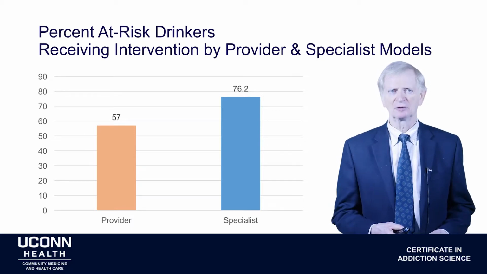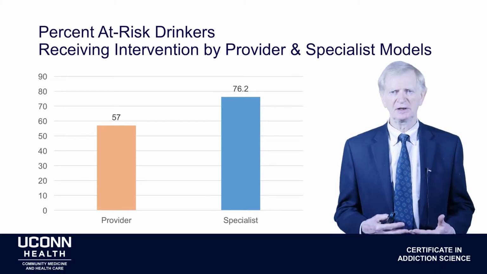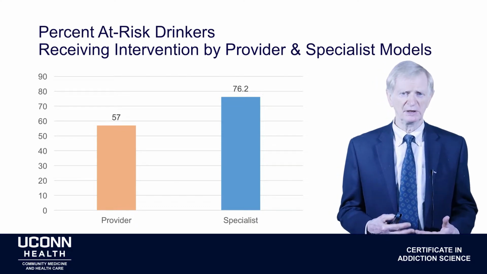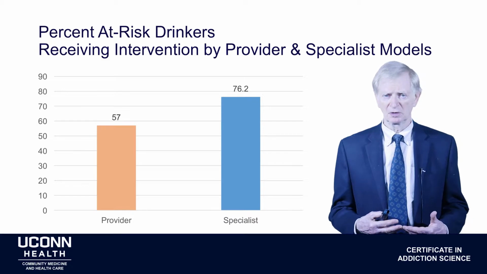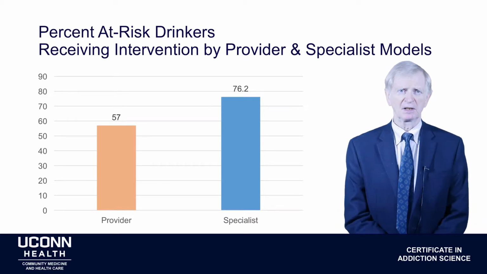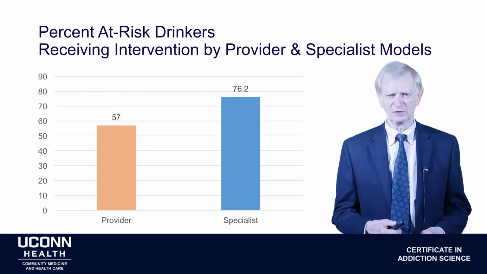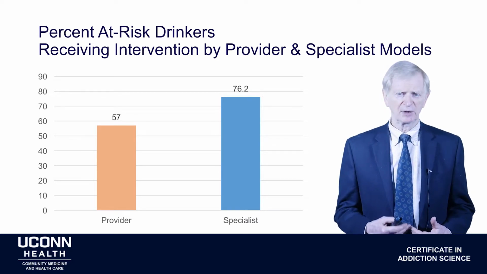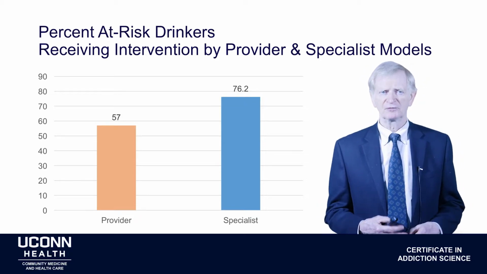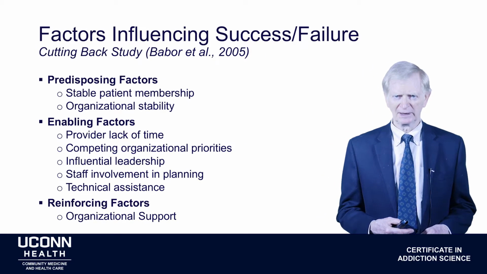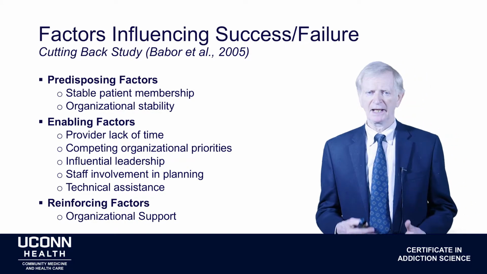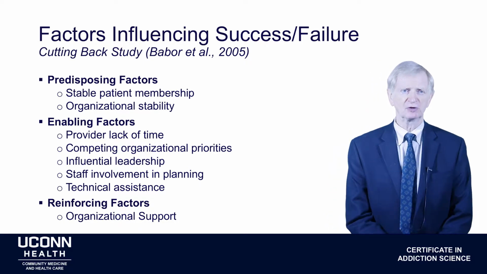Finally, Cutting Back looked at this study of 10 clinics where we implemented a screening and brief intervention program in terms of the characteristics of the clinic that were most responsible for high rates of screening. And those clinics who had the following predisposing factors had much higher rates of screening as well as brief interventions.